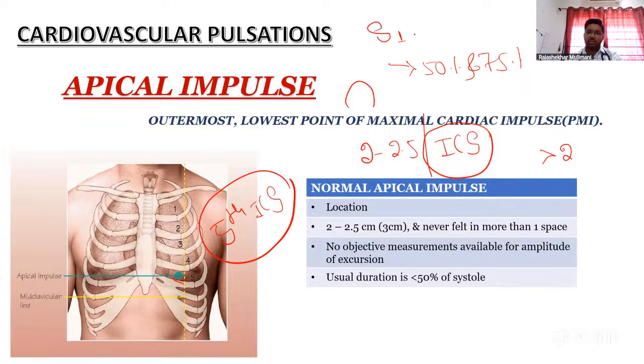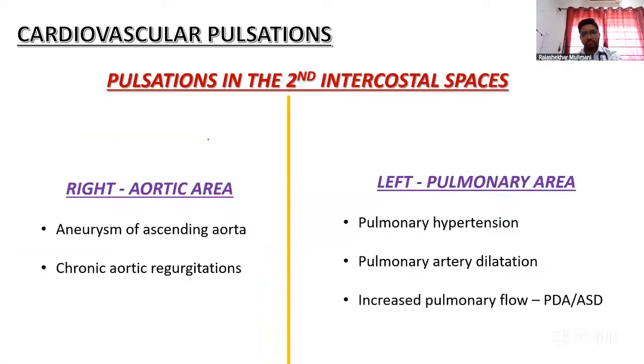It comes out with S1 and stops much before S2. So during inspection, just say whether the apical impulse is seen or not. If it is seen, say where, and whether it is localized to a single intercostal space or seen in more than two intercostal spaces. That's what you are going to comment on during inspection.